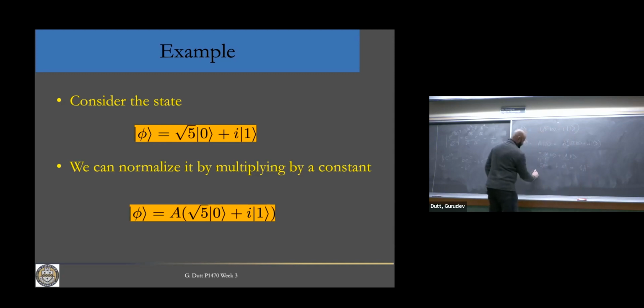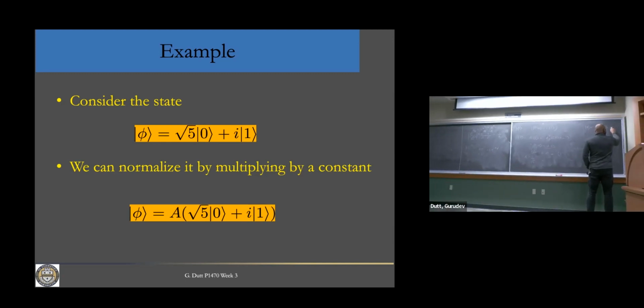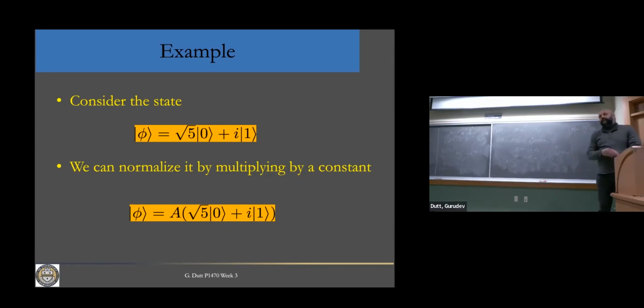This must equal 1. This is our condition, that we are requiring everything be normalized. So therefore A equals 1 over square root of 6. So our qubit state psi is equal to square root of 5 divided by square root of 6 times 0 plus I divided by square root of 6 times 1. This one is properly normalized, so it can be used as a qubit state.